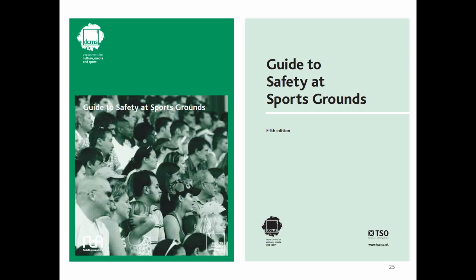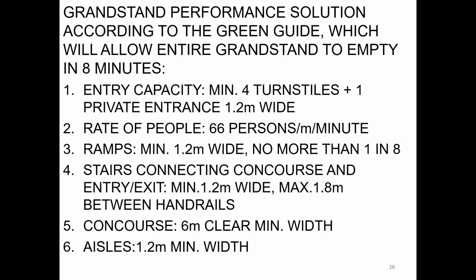So for the purposes of this assignment, I'm not going to make you go through the green guide to actually find out what to do. I'm just going to actually tell you what you need to implement in assignment 2. So I've done this performance solution in consultation with L. Baxter.